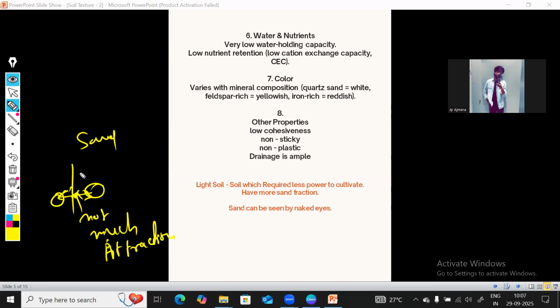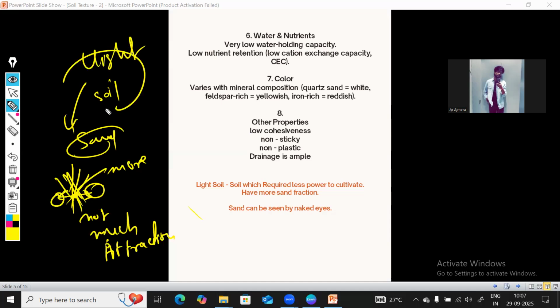That is why it can be cultivated easily and does not require much energy. So less energy is required for cultivation of sand. That's why soil with maximum sand is light soil. What is light soil? Soil that requires less power for cultivation. Simple as that. Correct?